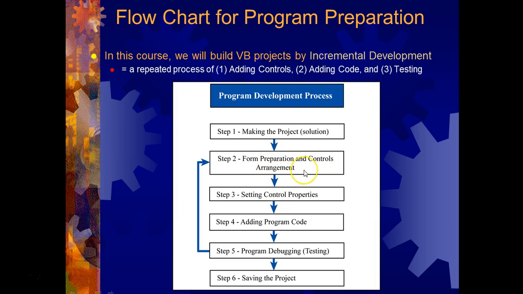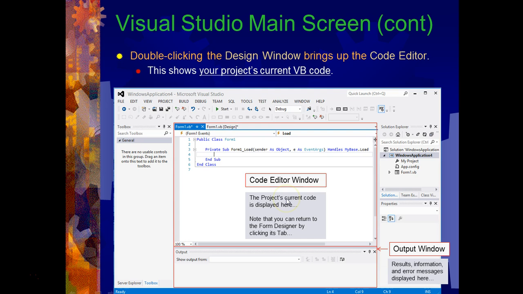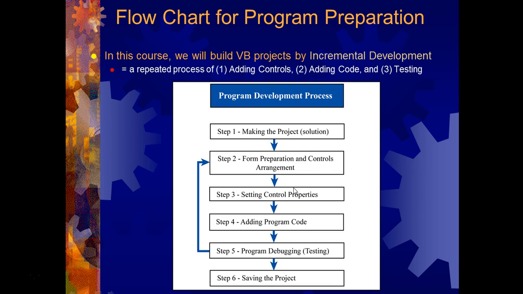First you put the buttons and so on where you want them, and then you set the properties, and then you need to add some code to make the button actually do something. Just having a text property of OK, that just says OK, but what is it supposed to do when the user clicks it? That you have to add in as code. And again, where do you do that? You do that in here, and we'll see how to do that.